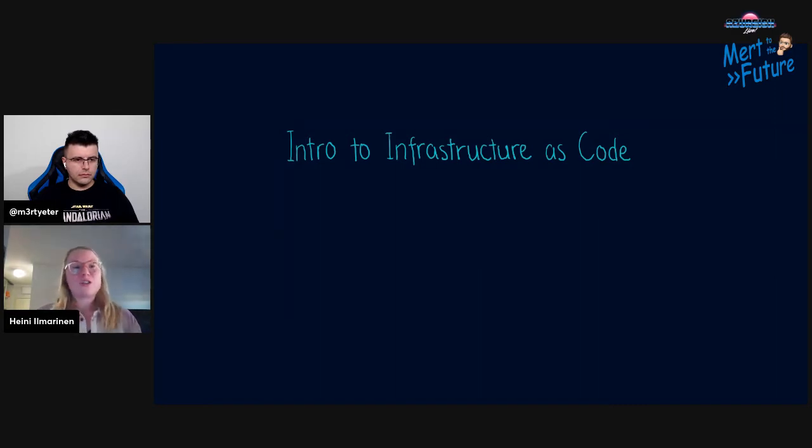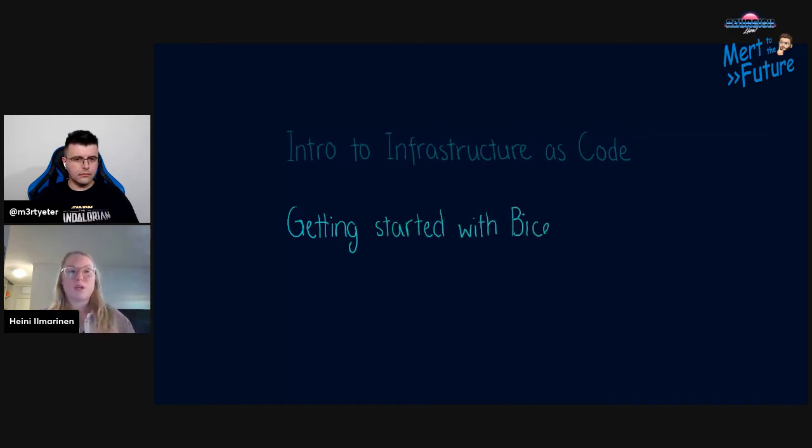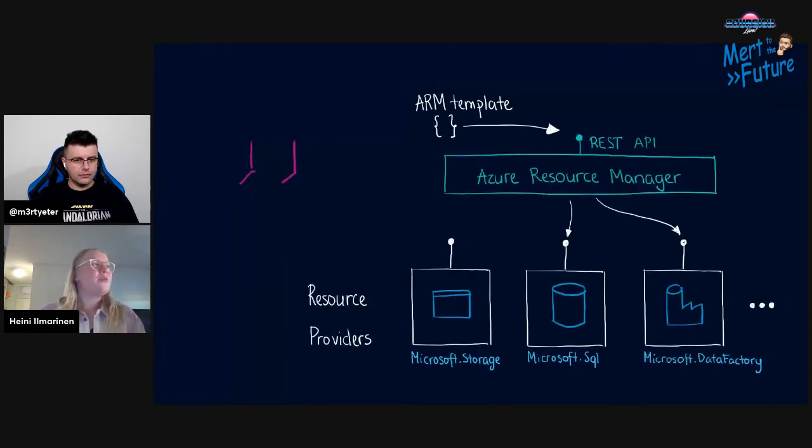Then we get to the more specific Bicep part. How do we really get started? What do you need, specifically on your laptop, etc.? What are the steps that you need to take? So we know what happens behind the scenes in Azure, and then you want to start working on Bicep on your laptop.